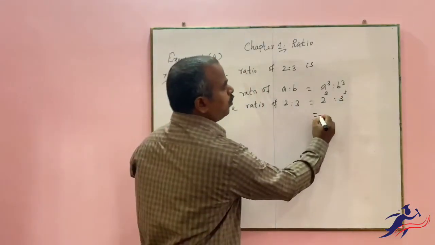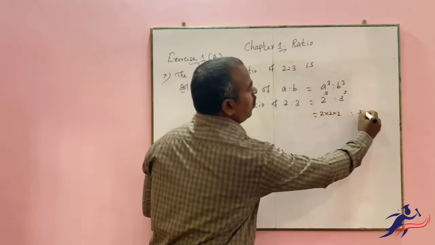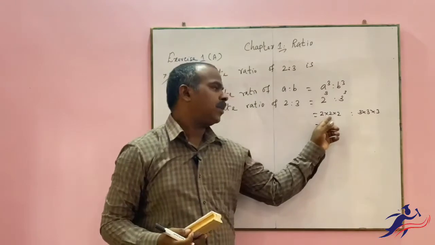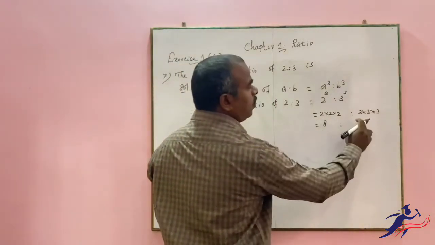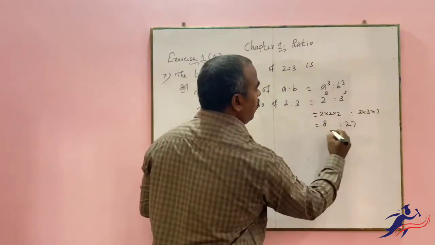That is 2 into 2 into 2 is to 3 into 3 into 3. That is, 2 2s are 4, 4 2s are 8, is to 3 3s are 9, 9 3s are 27.